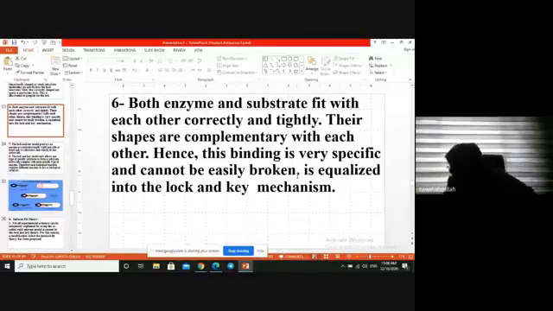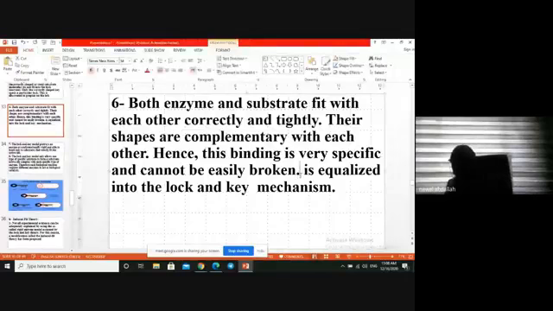It is equalized to the lock and key mechanism.